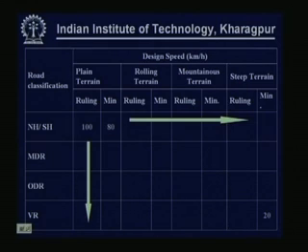So, one can expect a much lesser design speed for village road as compared to the design speed for national highways and state highways. Similarly, the speed will also depend on the type of terrain.